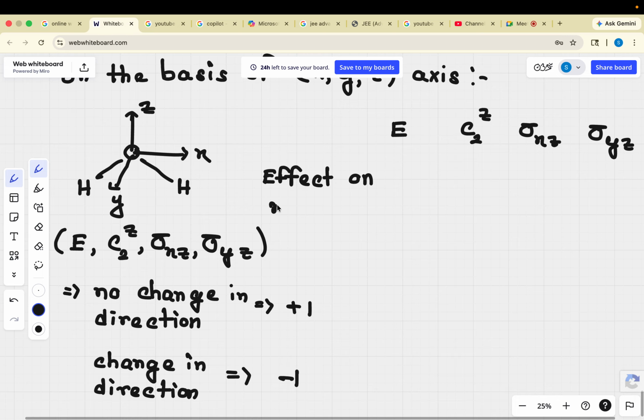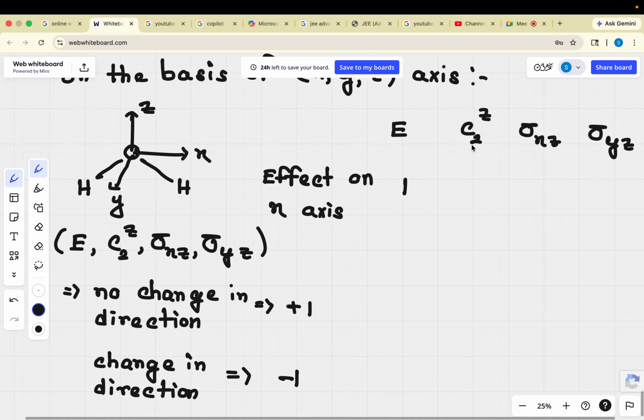If I operate this E operator on this water molecule, x, y, z, anything will not change its position, so that one you will get 1.